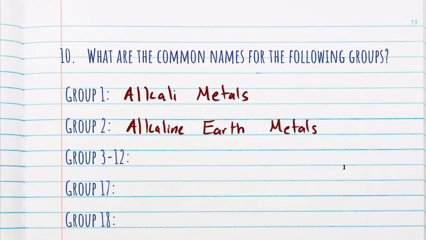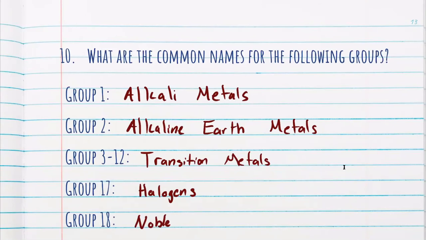Groups 3 to 12, those are all of our favorite, the transition metals. Group 17 is known as the halogens. And lastly, group 18 is known as the noble gases.